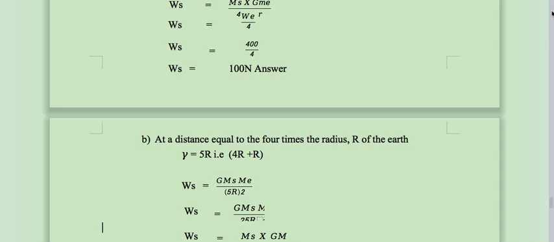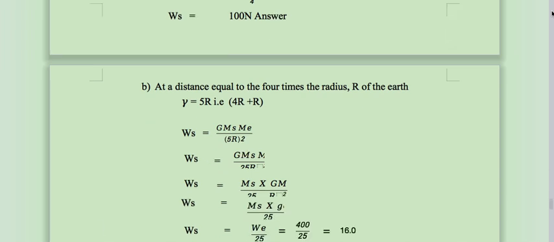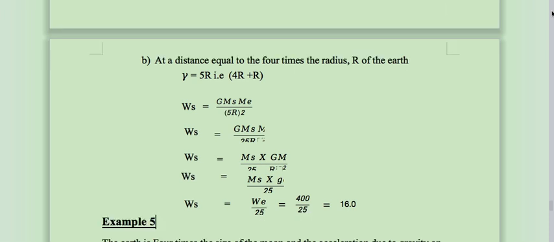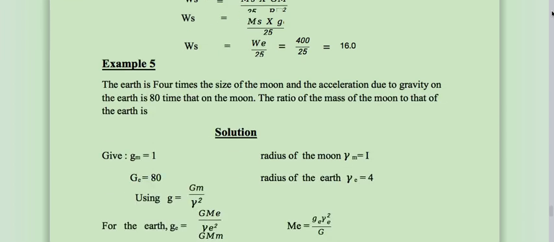But in place of r squared, we are using 5R, squaring it gives us 25R squared. With the same relationship we used again, mass of the satellite times capital G times capital M gives us the weight of the Earth, WE, all over 25. So 400 all over 25 is 16.0 Newton.